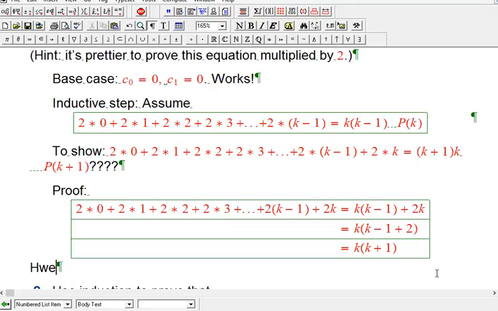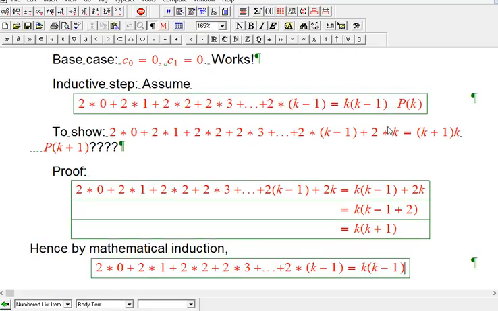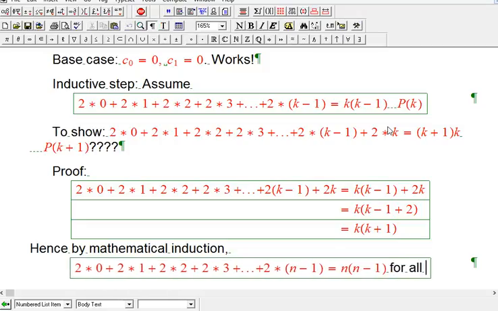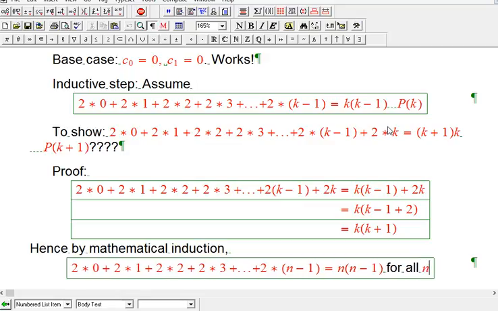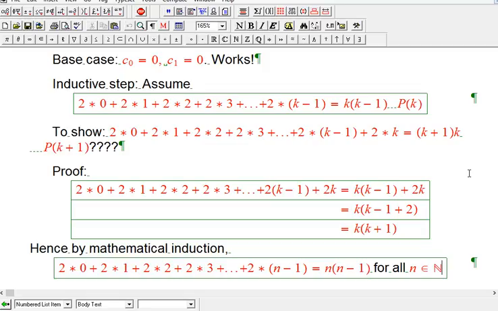Okay, so hence, by mathematical induction, I think I'm only going to do this in this totally clean style once. We have that this is true, but I'm going to change it back to n's to emphasize that we're out of the inductive step here, for all n in the set of positive integers, or the natural numbers.